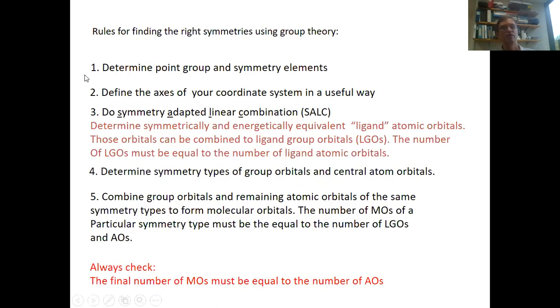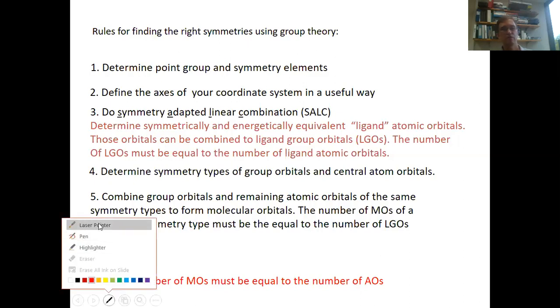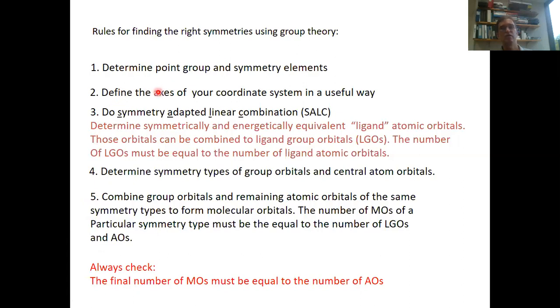So the first step is to determine the point group of the respective molecules, so you have to be aware of the symmetry of the molecule. The next step is to define the coordinate system in a useful way.